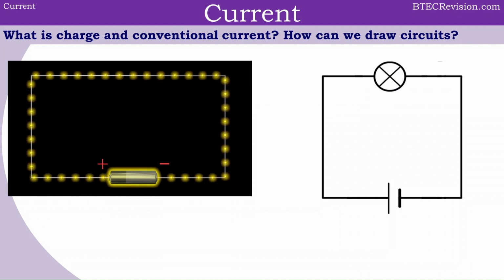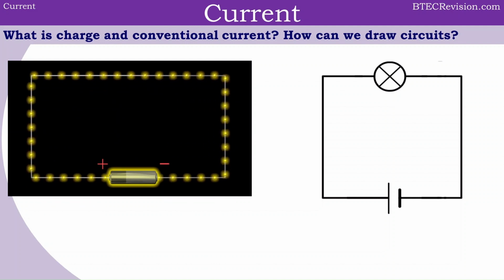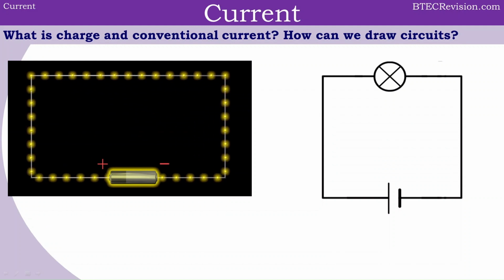Now, drawing this diagram on the left is quite complex, so we can use very simple symbols to draw that diagram. For example, the cell here can be represented by these two lines, where one is slightly longer than the other. The longer line represents the positive side, and the shorter represents the negative side.